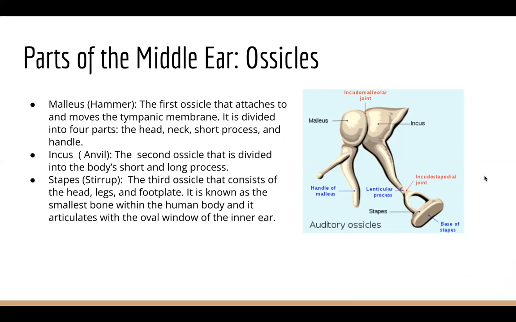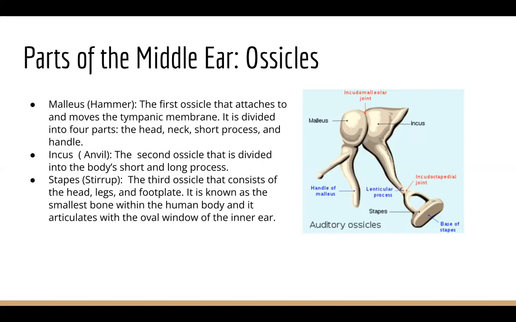The second ossicle is incus, also known as anvil, and is divided into the body, short and long processes. The incus connects with the stapes and forms the incudo-stapedial joint. On average, the incus is about 6.9 millimeters in height and 5.3 millimeters in width. The third and final ossicle is known as stapes or stirrup, and it consists of the head, legs, and foot plate.